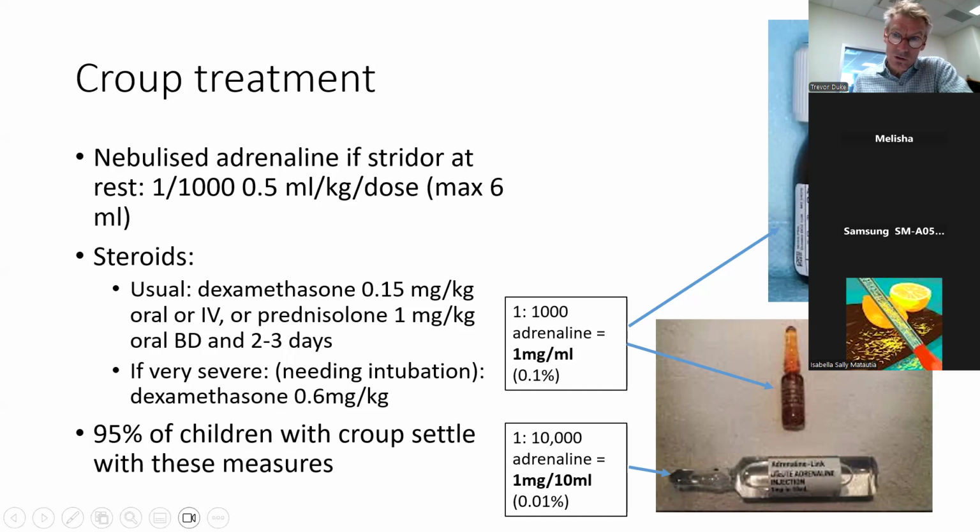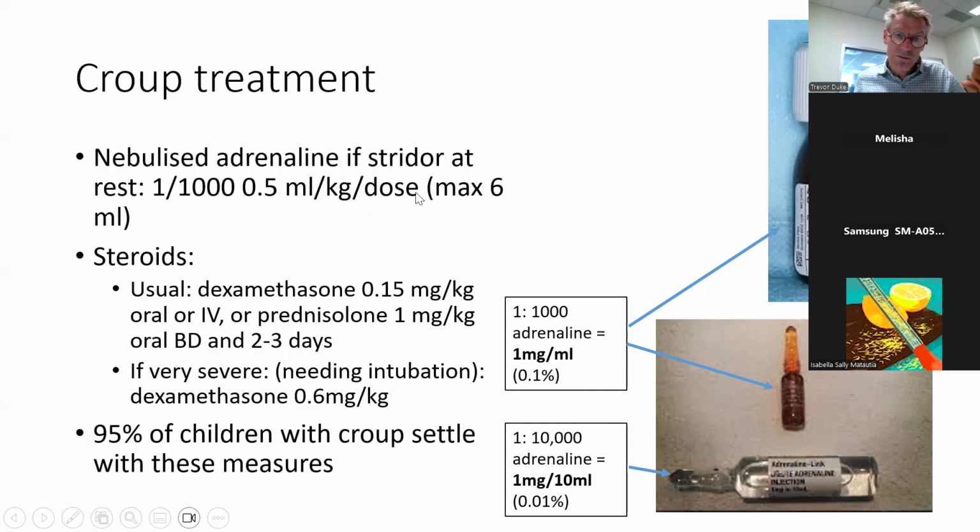Sometimes 1 in 1,000 also comes in bottles like this, adrenaline solution for nebulization. If you're using 1 in 1,000 adrenaline, then you use 0.5 mils per kilogram. So a child like the child I showed you previously might be 10 kilos. So you're going to give 10 times 0.5, which is 5 mils of adrenaline.